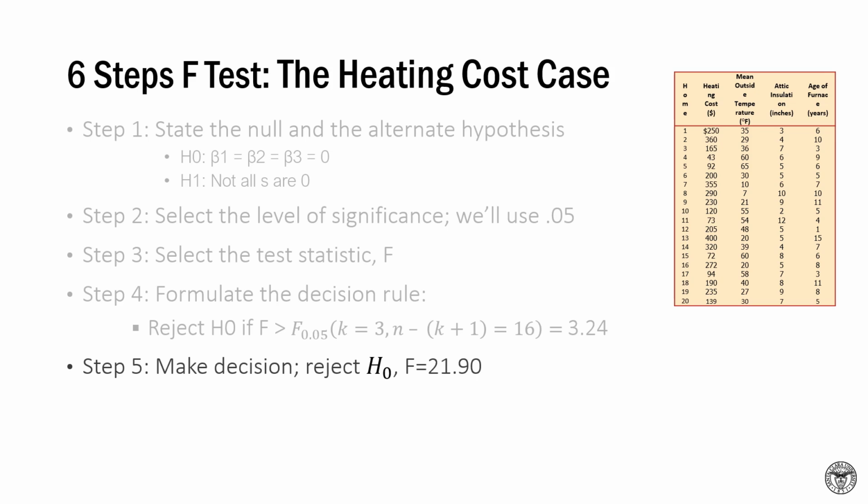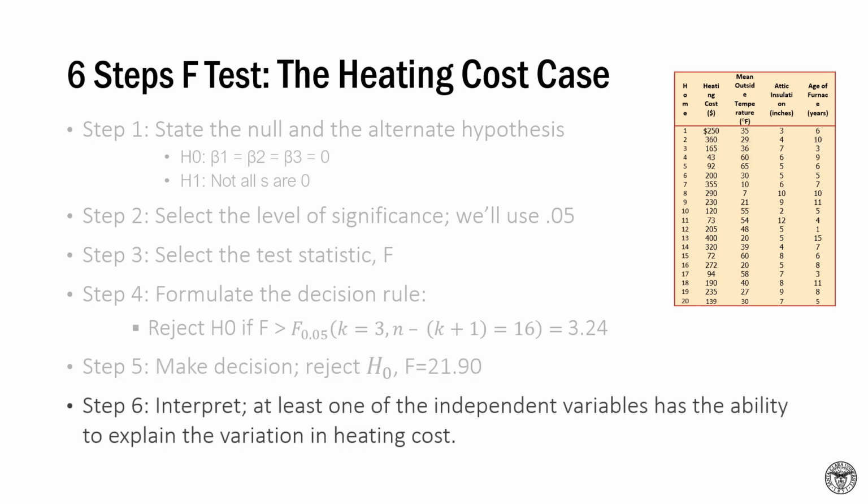This leads us to reject the null hypothesis and conclude that at least one of the regression coefficients significantly deviates from zero. Lastly, we conclude that the global test confirms that the outside temperature, the amount of insulation, and the age of the furnace all significantly influence the heating cost.